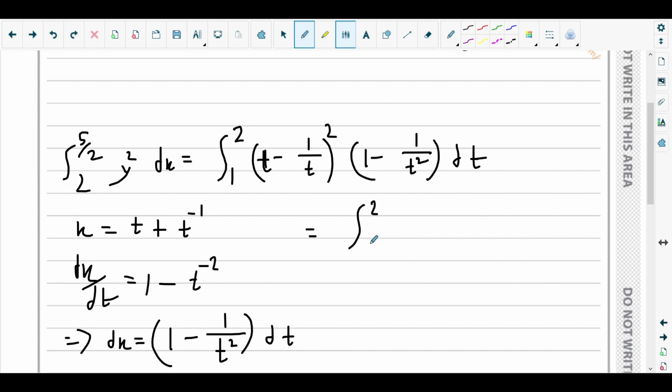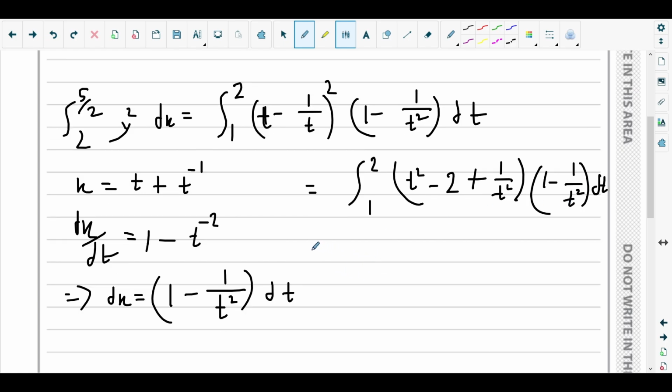How can we expand it? T minus 1 over t can be written as a squared minus 2ab plus b squared, 1 over t squared, times 1 minus 1 over t squared dt. Okay. Now what can we do? We can expand the brackets.